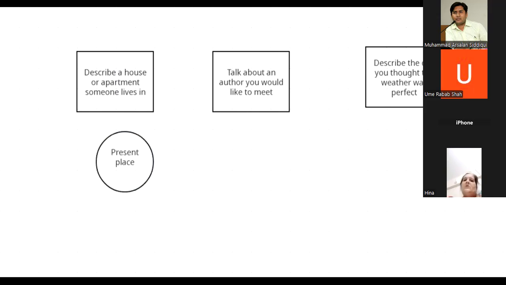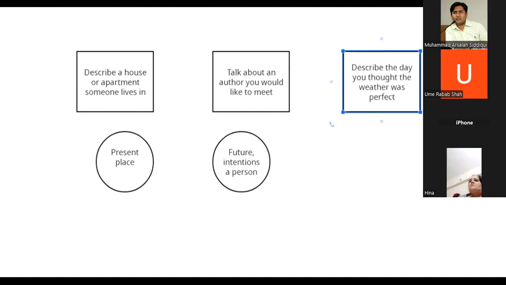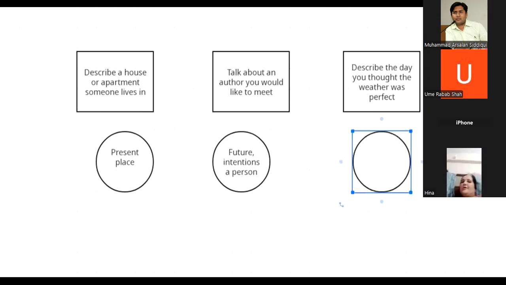Talk about an author is near future, with futuristic language or intentions, and it is also describing a person. So these are the main features. And if we see this topic, you can see it is a sort of activity or thing, and it is in the past.